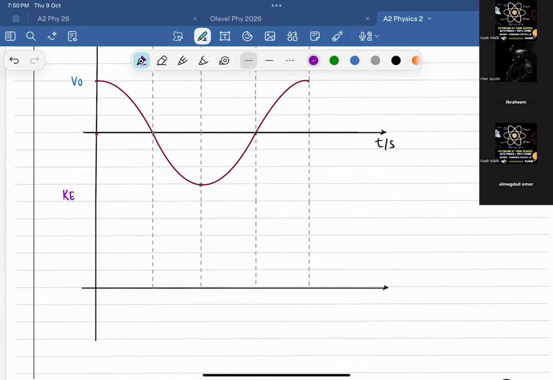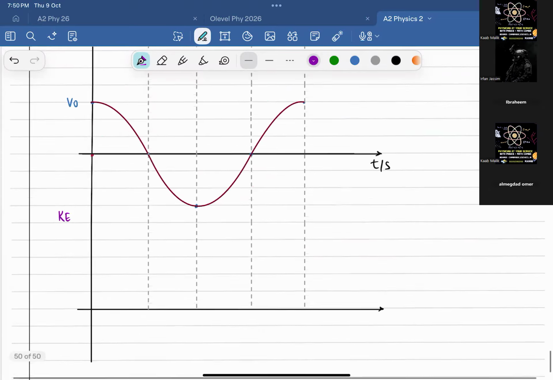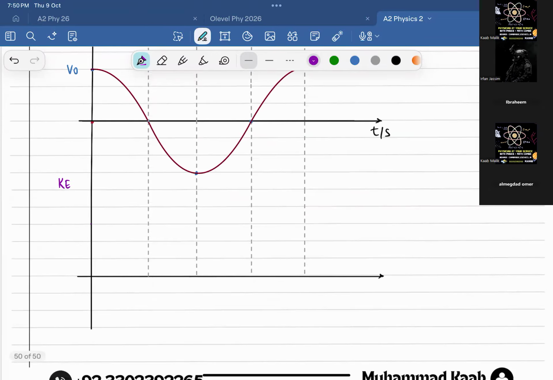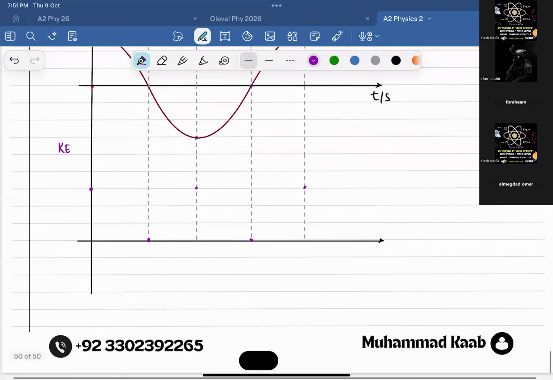Kinetic energy will be maximum at the maximum velocity position. It will be maximum, and then kinetic energy will be zero. Then kinetic energy will be maximum again. It won't go to the negative position because it is energy, and it is a scalar quantity, right? So this is going to be the graph for the kinetic energy.